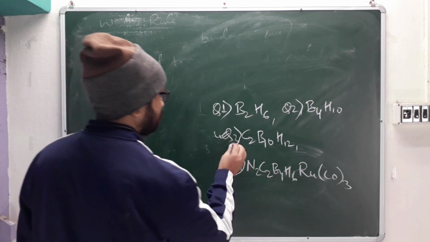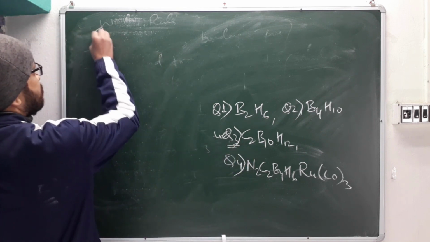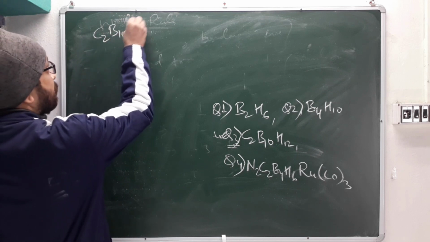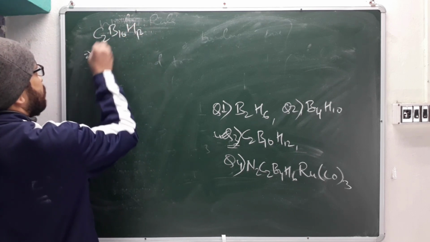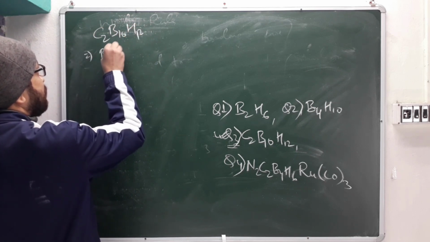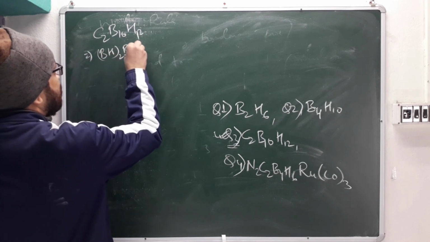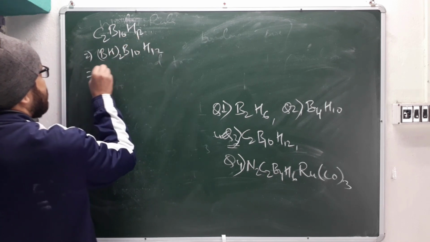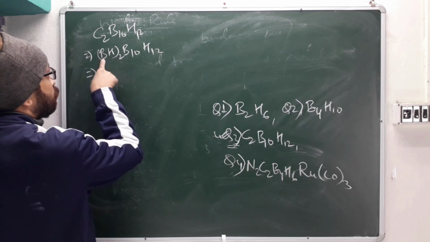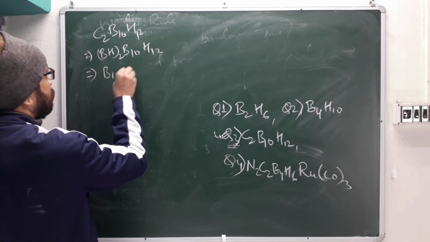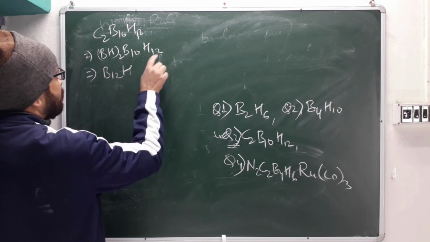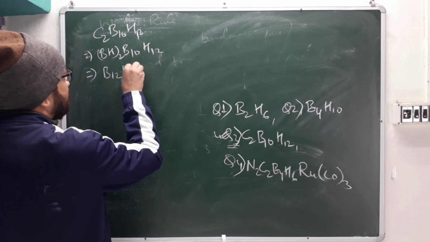So for question number 3, it is C2B10H12. Just convert it. C2 means BH twice, so B10H12 becomes 12 boron, and hydrogen is 12 plus 2, so it will be 14.